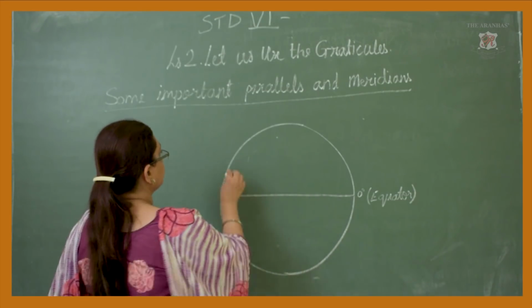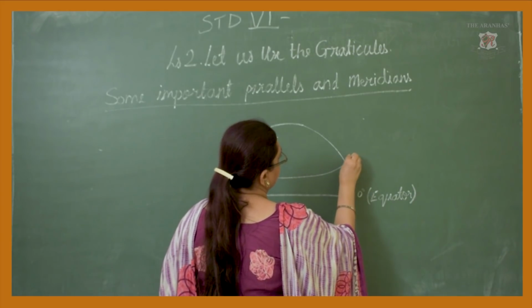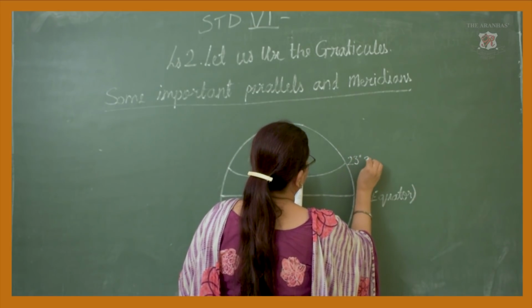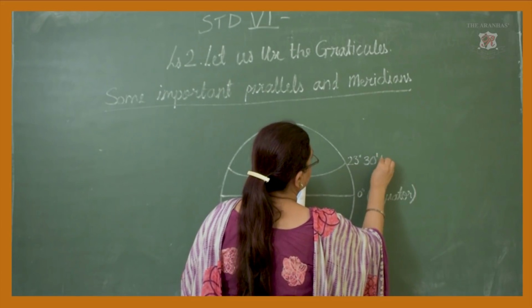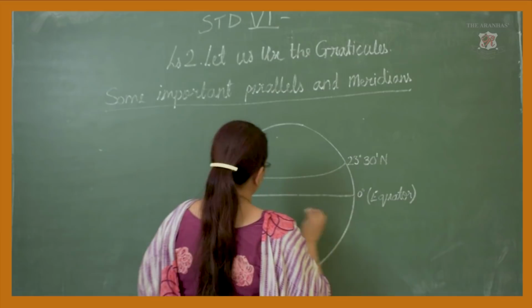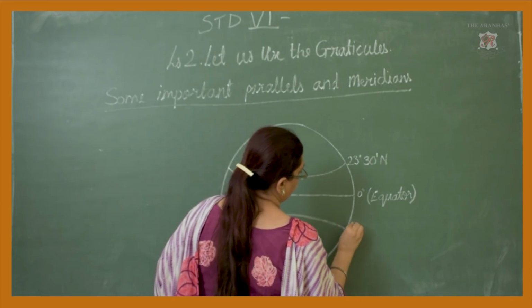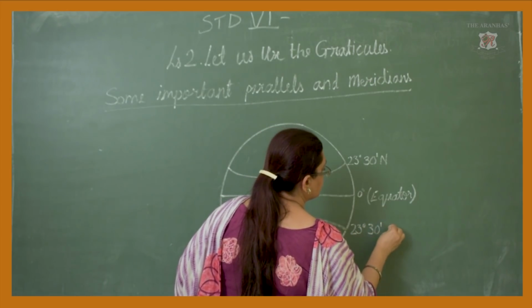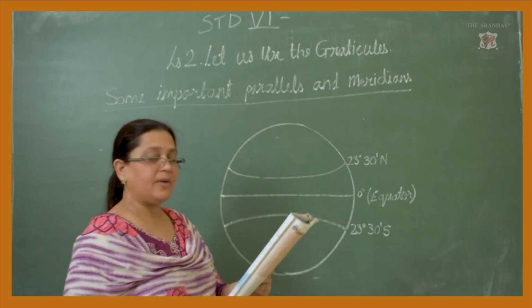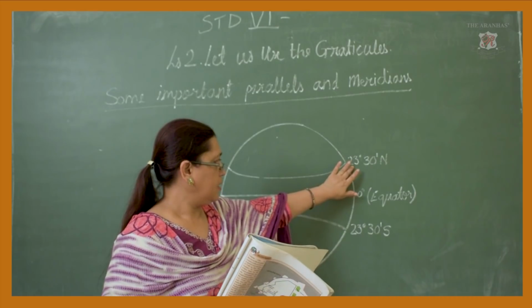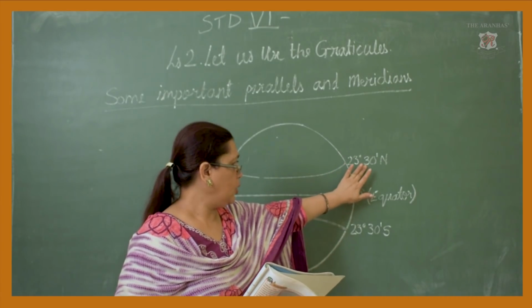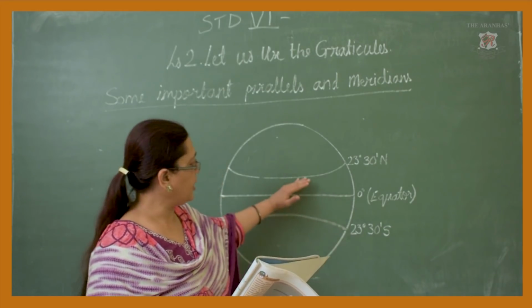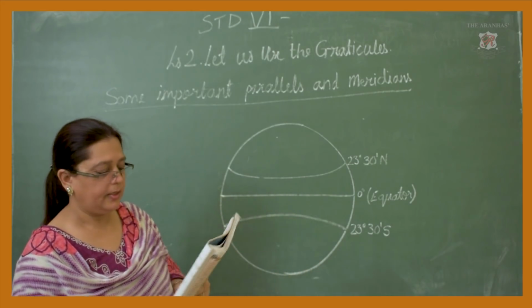All places between 23 degrees 30 minutes north and this is 23 degrees 30 minutes south of the equator, we receive perpendicular rays.